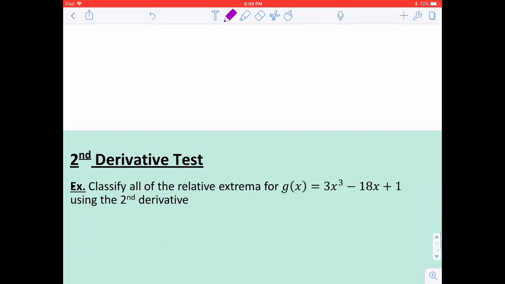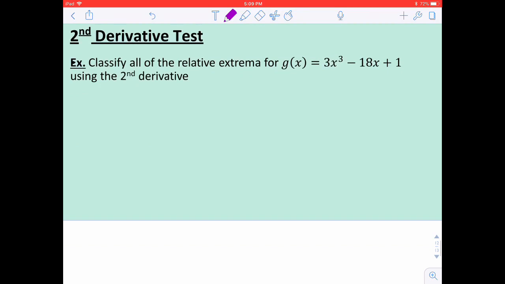All right. Oops, looks like I didn't need this extra page. Okay, so let's classify all the relative extrema for g of x equals 3x cubed minus 18x plus 1 using the second derivative test. Okay, so once again, we need to find the first derivative and its critical points. So the first derivative is 9x squared minus 18.